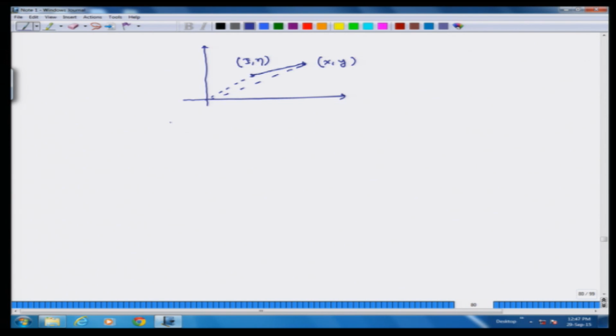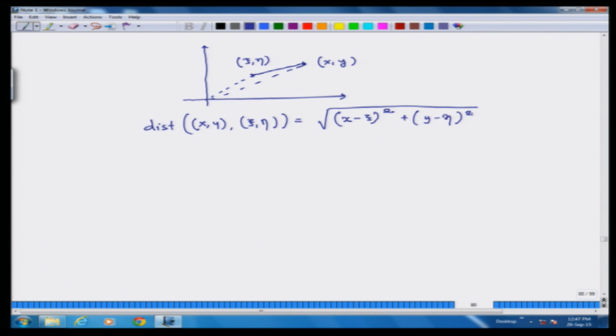So, the distance between (x, y) and (xi, eta), I am writing simply dist as a short form of distance, is equal to root over (x minus xi) whole square plus (y minus eta) whole square. So, you are subtracting the x coordinates from one another, and then y minus eta whole square.